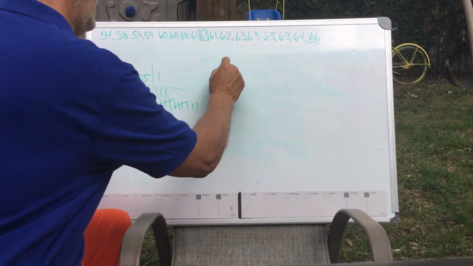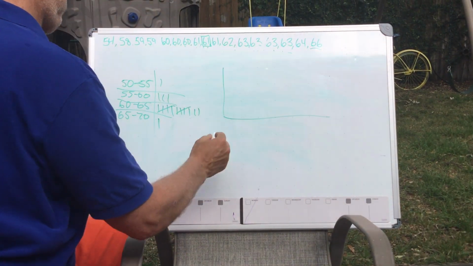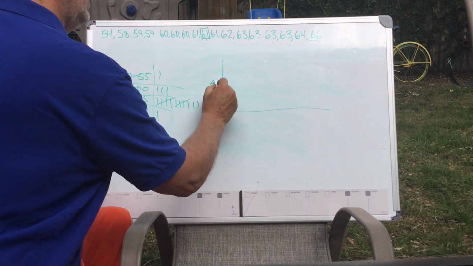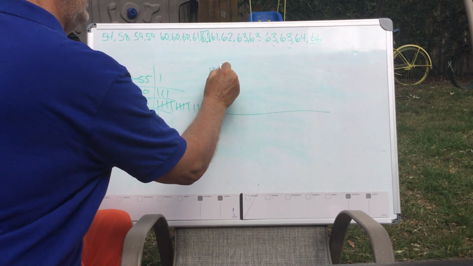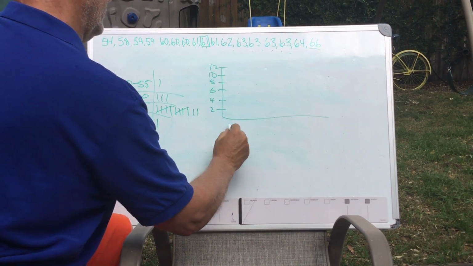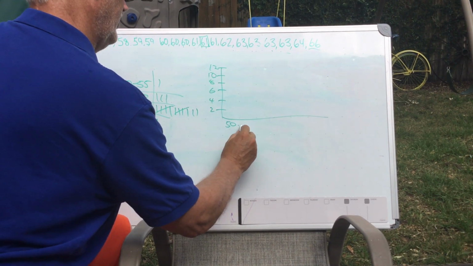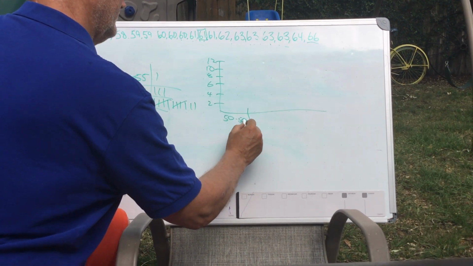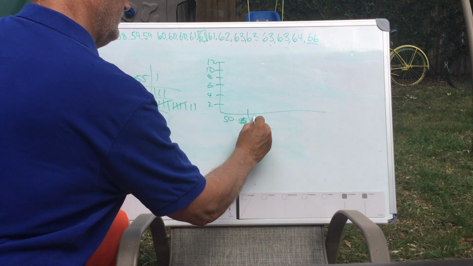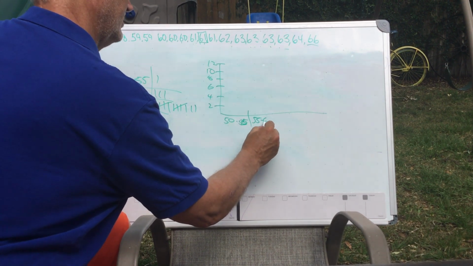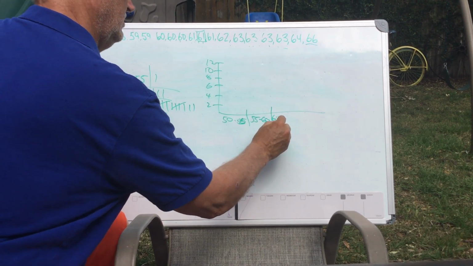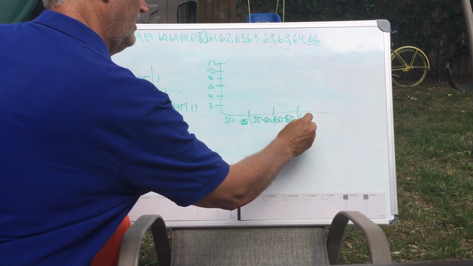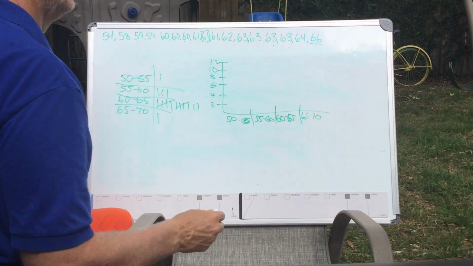So here's going to be my bar graph now. So I'm going to go 2, 4, 6, 8, 10, 12. We're going to do 50 to 55, 55 to 60, 60 to 65, and 65 to 70.